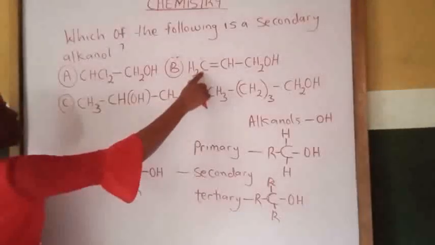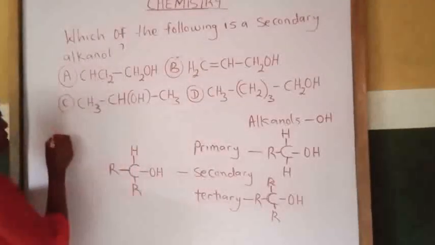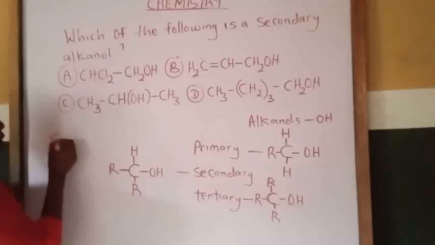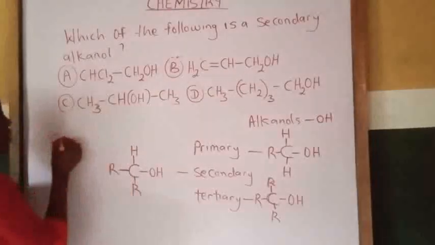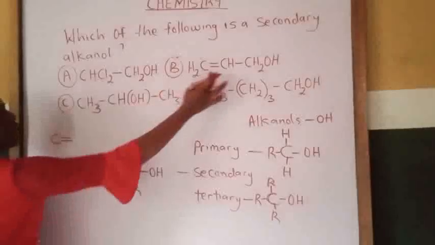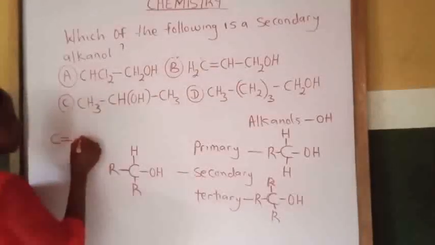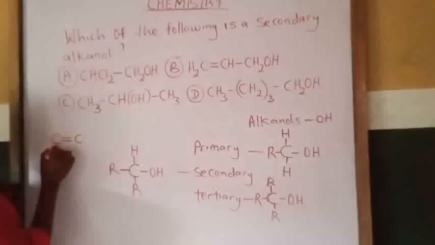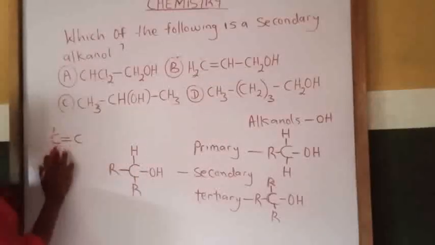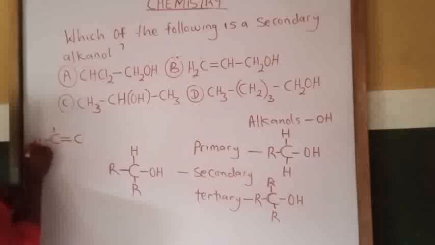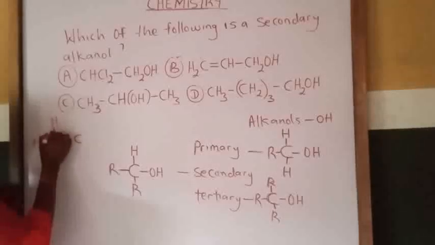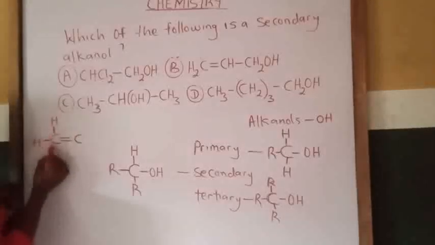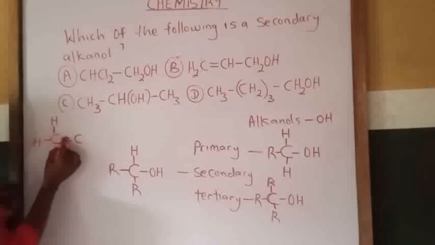Option B. We have one carbon atom, then a double bond, followed by another carbon atom. The first carbon atom has 2 hydrogen atoms, one here and another one. So 4 chemical bonds surround this carbon atom: 1, 2, 3, 4.